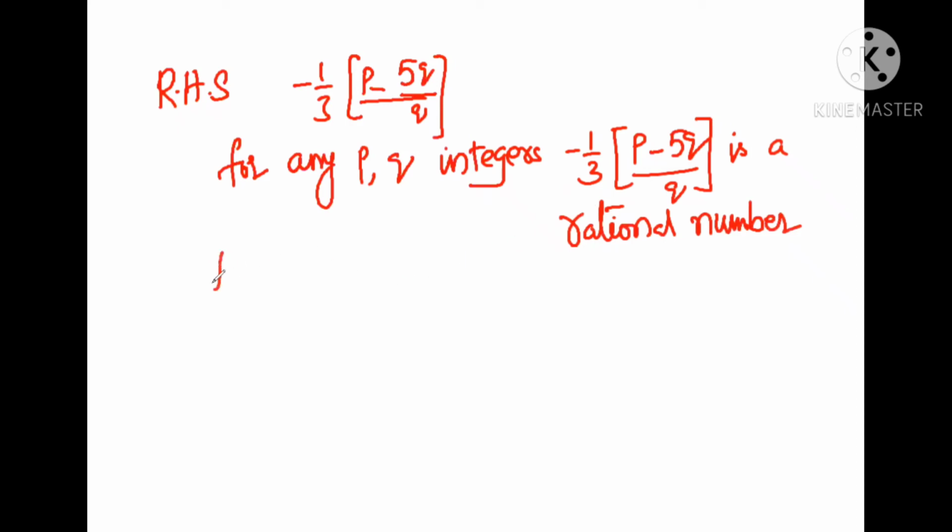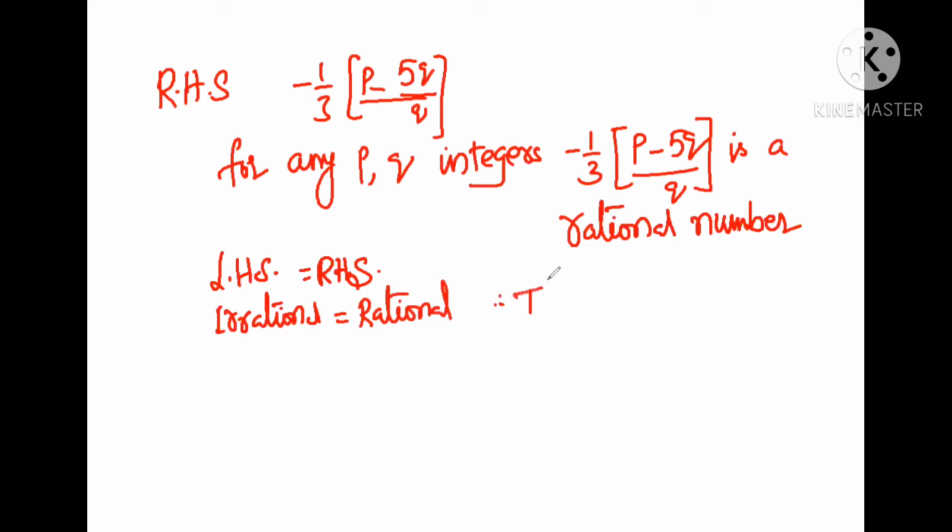So here LHS is equal to RHS. LHS is here, what is it? Irrational. RHS is rational, but this is a contradiction. Rational cannot be equal to irrational.